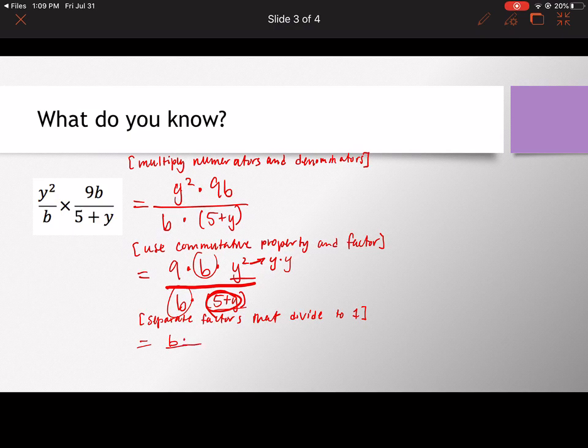Put them in front: b times 9y squared over b times 5 plus y. So next, after that, we're going to divide to make 1. We'll continue up here.